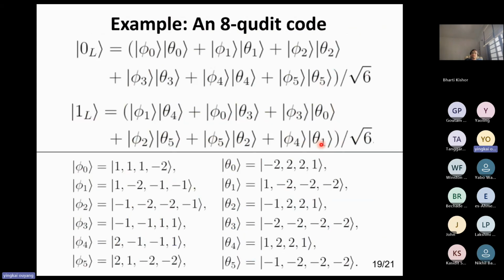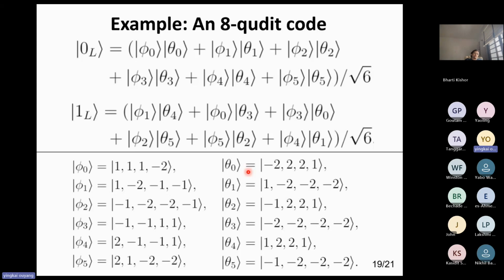All right. So now I have this 8-qubit code, which looks like this. I made this code by basically sticking in some ternary Gaussian code and just trying to chop things off.